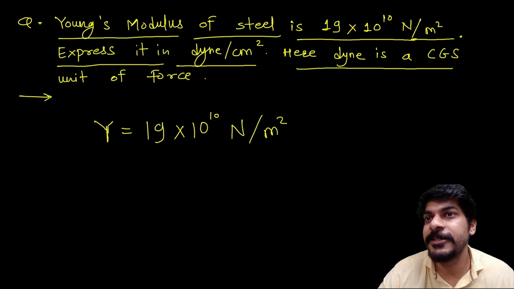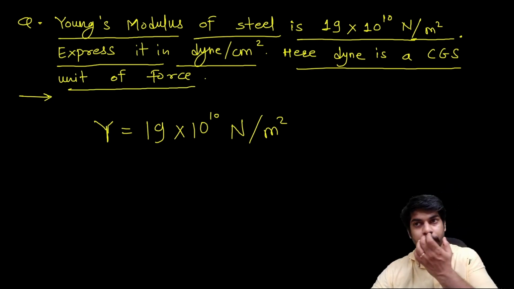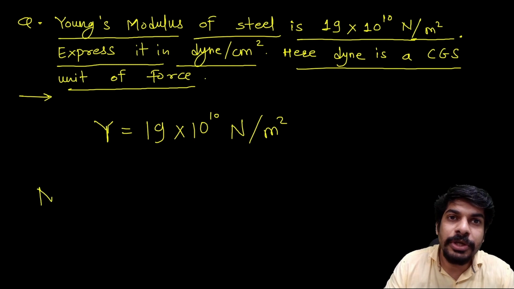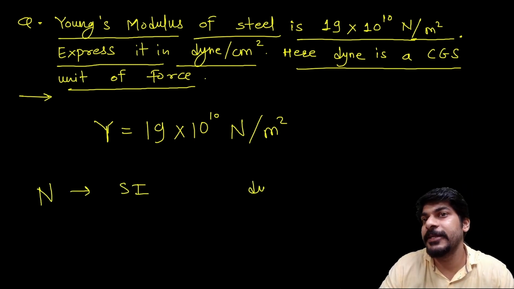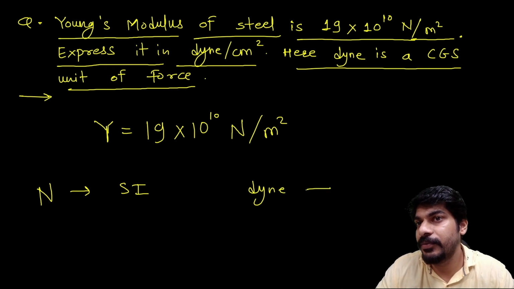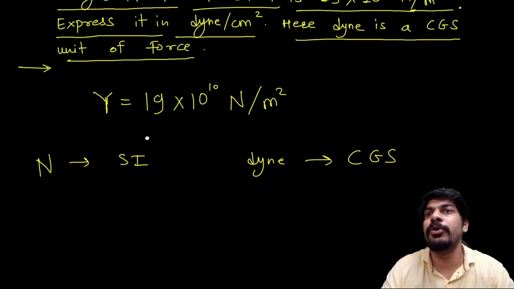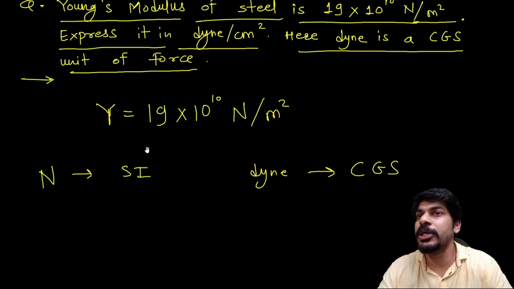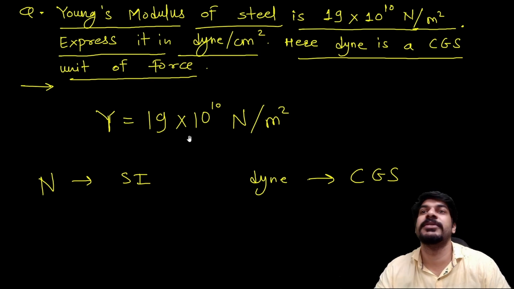Here dyne is a Cgs unit of force. Now we know Newton is the SI unit of force and dyne is what? Cgs unit of force. So over here we have to convert Newton per meter squared into dyne per centimeter squared.